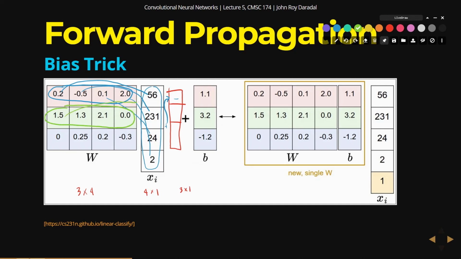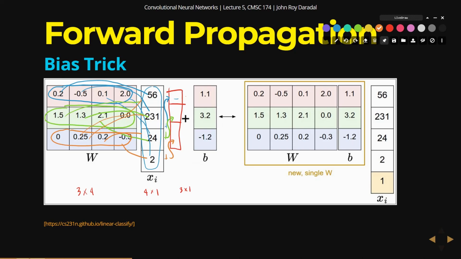So 1.5 times 56, 1.3 times 231, 2.1 times 24, and then 0 times 2, which is 0. If we add all of those up, that would be the second entry. And then for the third one, we do the same for this row, and add all of them up.